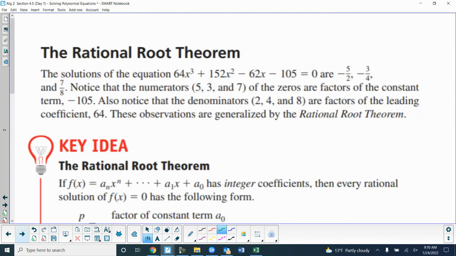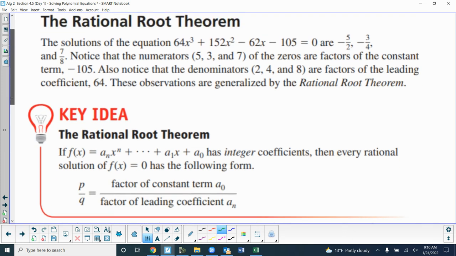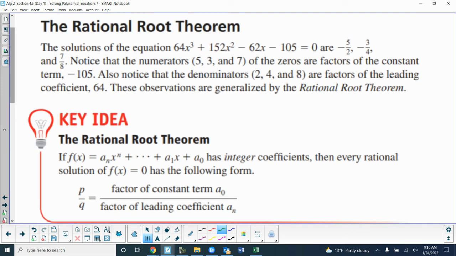All right. One more thing here. It says this is the rational root theorem. Again, we don't usually use this very much because our calculator is finding the zeros for us, okay? But if you didn't have a graphing calculator, you would have to use the rational root theorem to figure out these zeros, okay?